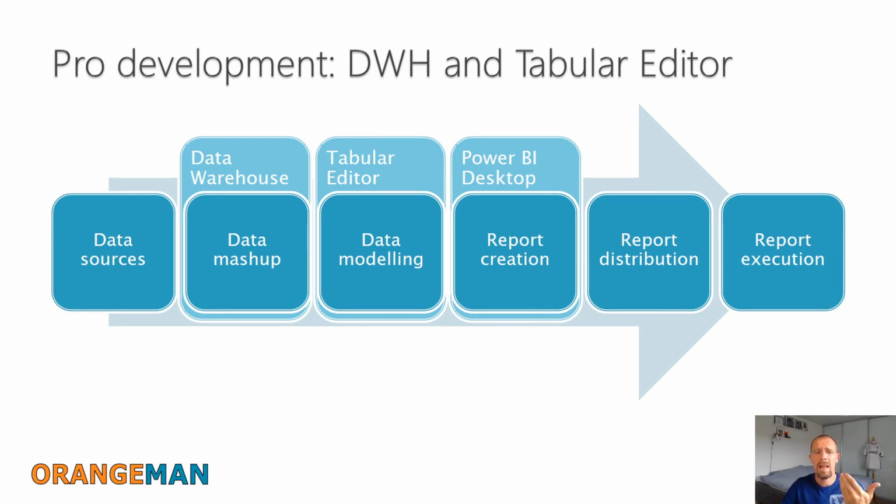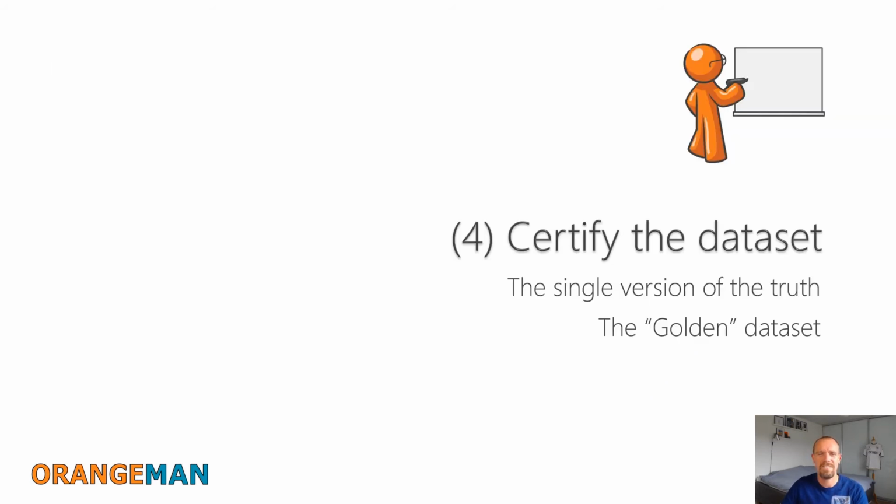But if maybe not all your data is coming from a data warehouse, that's also fine. Now you also have the flexibility and the possibility to over time replace the queries in your tabular model with proper dimensional tables from your data warehouse. So yeah, pro development using data warehouse and Tabular Editor. Hopefully you got it now.